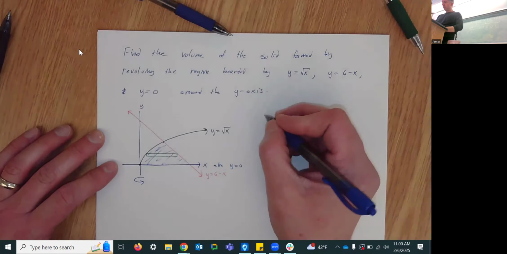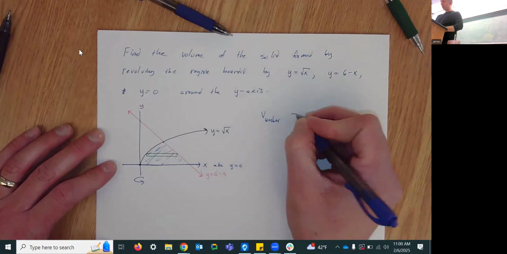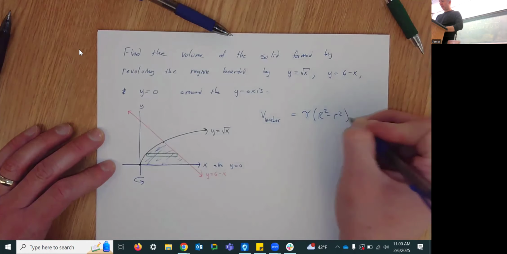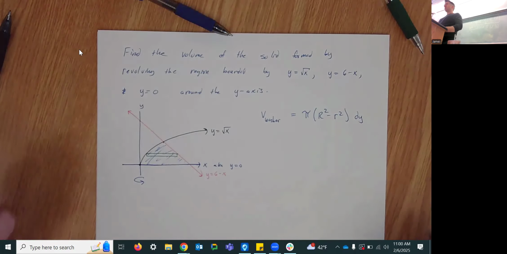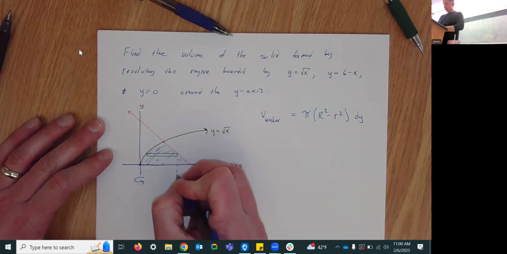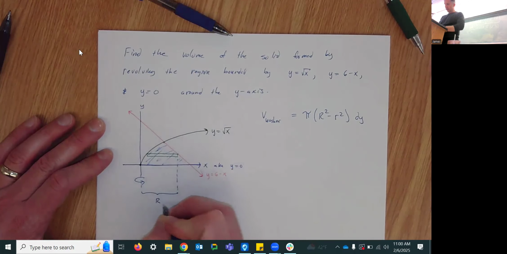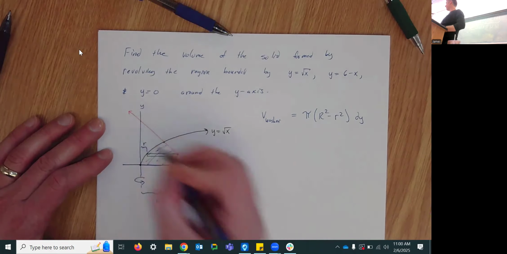So let's find the volume of our washer. Every time, pi times the big radius squared minus the little radius squared times your thickness, which is dy. I do think it's worthwhile to do what I like to do, which is to say, okay, cool, here's my larger radius and here's my smaller radius. I like to draw that in there.